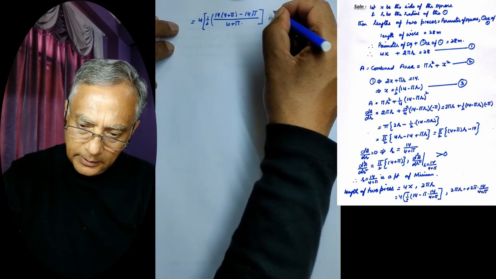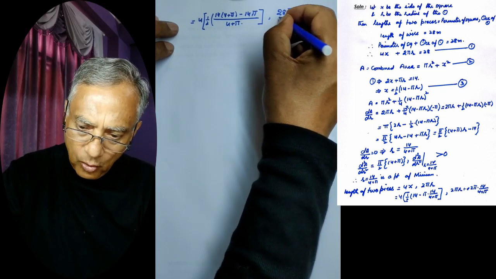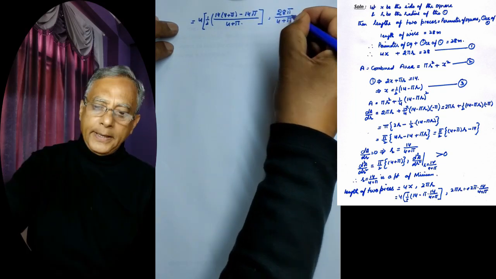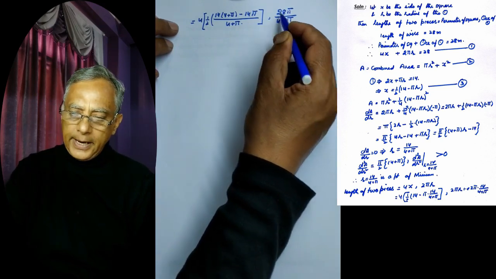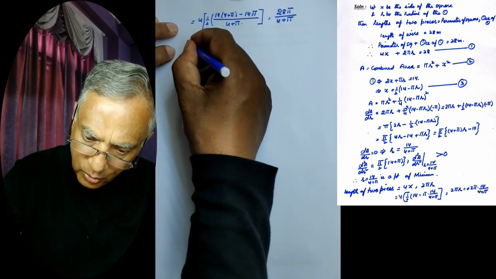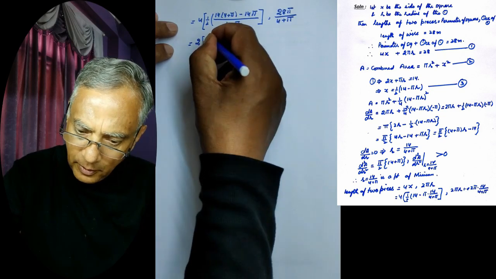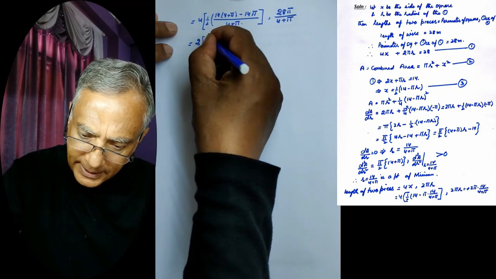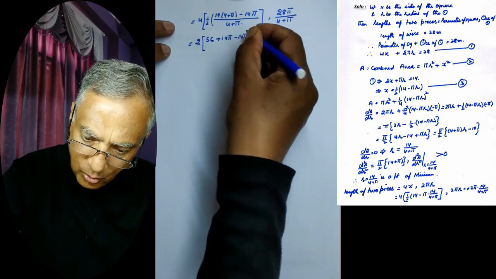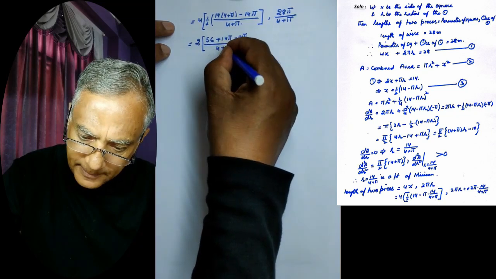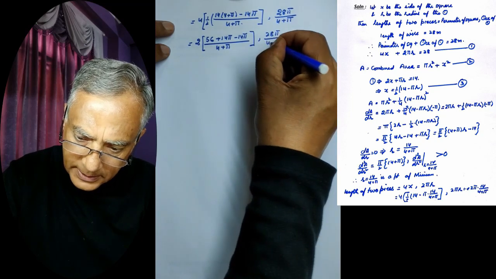And the other piece will be of length 28 pi over 4 plus pi. 2 pi into 14 over 4 plus pi is 28 pi over this. And this is equal to, 2 cancels, we get 2 into, this will be 14, 4s are 56. 56 plus 14 pi minus 14 pi whole divided by 4 plus pi, and 28 pi over 4 plus pi.